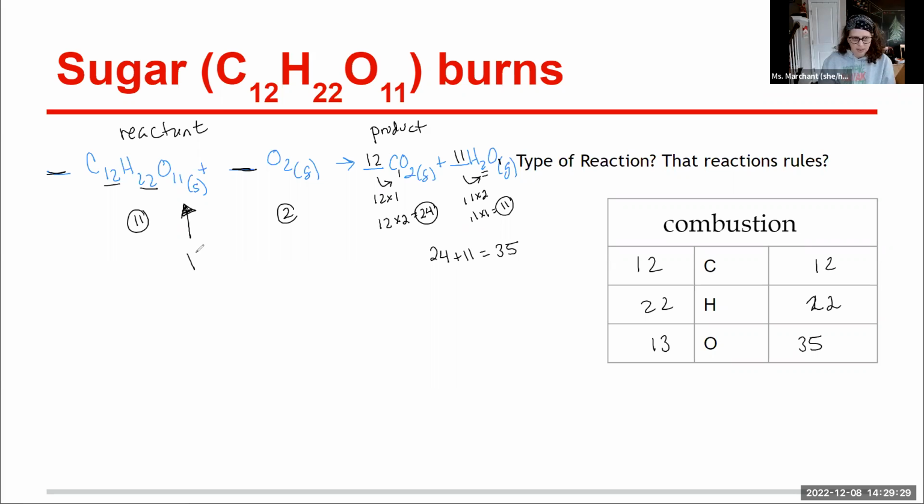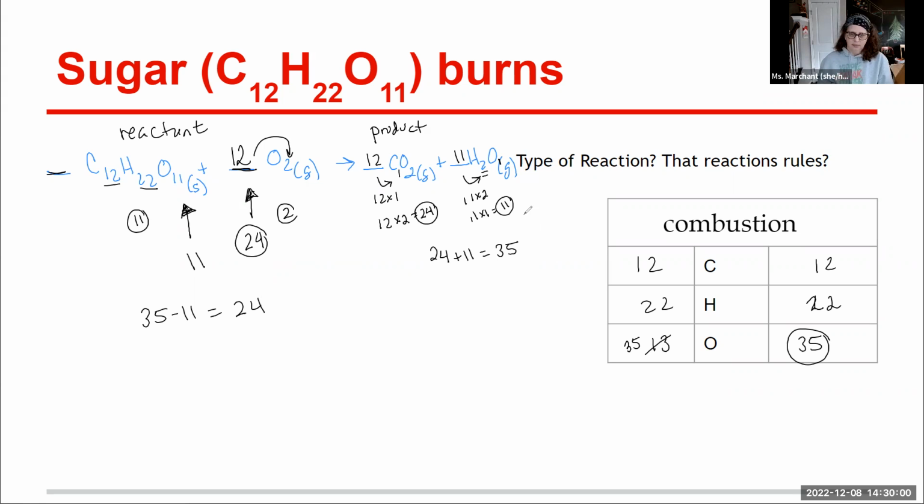So what do I have? I have 11 here. How many do I need to have total? 35. So 35 minus 11 is 24. So the other oxygen guy needs to give me a total of 24. Something times 2 is 24. 12 times 2 is 24. 24 plus 11 is now 35.